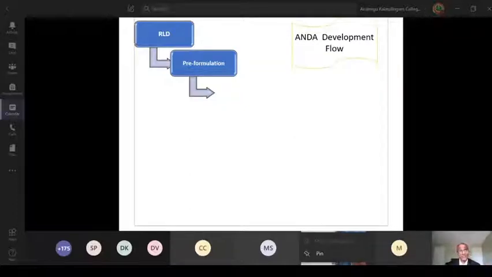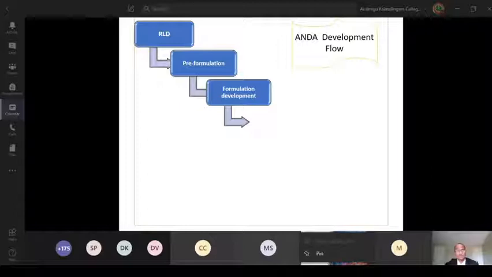So in pre-formulation, typically you do the reverse engineering, and also you follow some initial trial batches, called pre-formulation development, where you do drug versus excipient compatibility and other studies. Then once the pre-formulation step is completed, it comes to formulation development, where you define the formulation and also the process together to see how the dissolution matches exactly with the RLD.